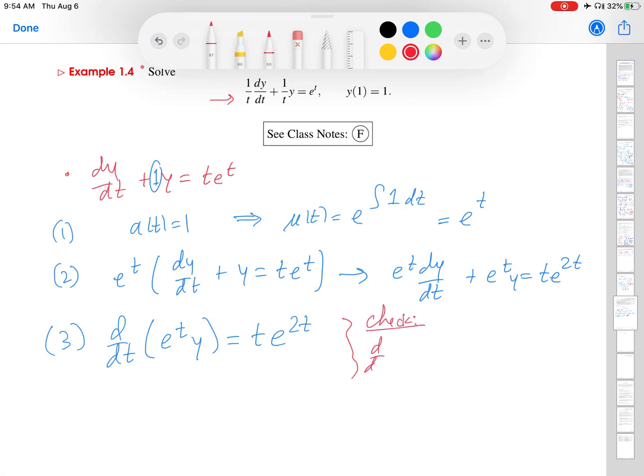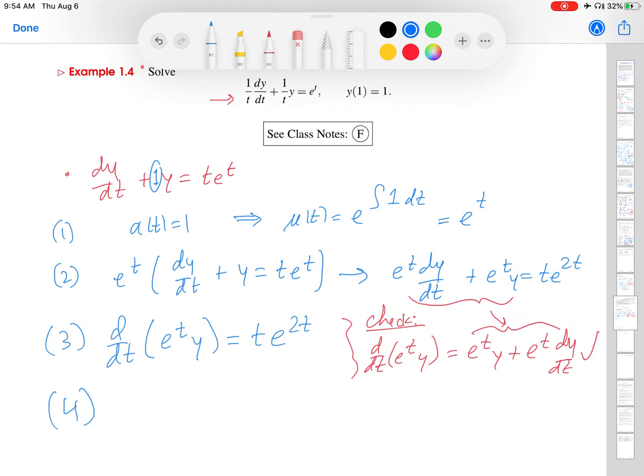So the derivative of e to the t times y, product rule here: derivative of the first, derivative of e to the t is e to the t, times the second, plus the first times the derivative of y, dy dt. And this does indeed match the left-hand side that we have. Great, so a little check mark there. So indeed, we've done our steps correctly up until this point.